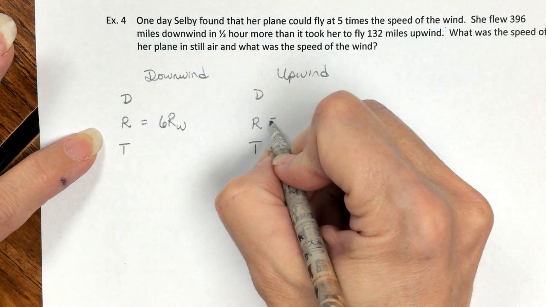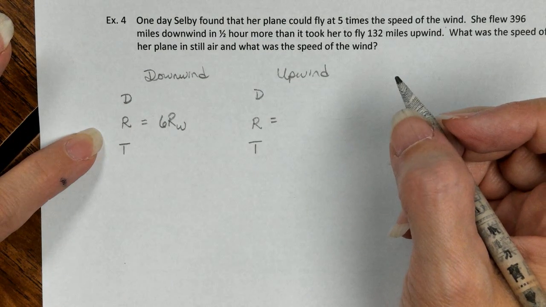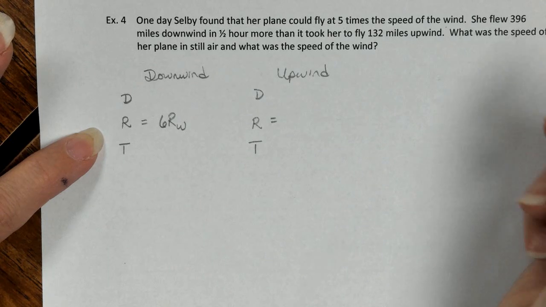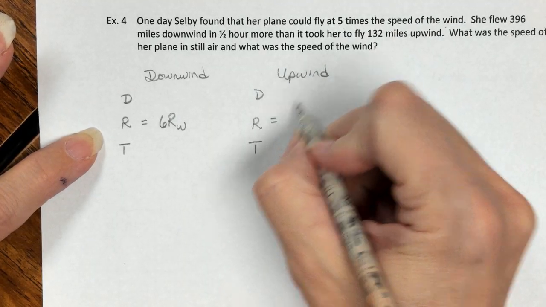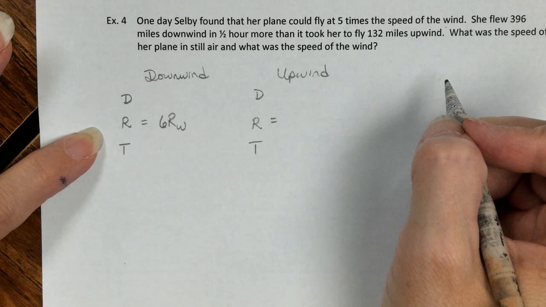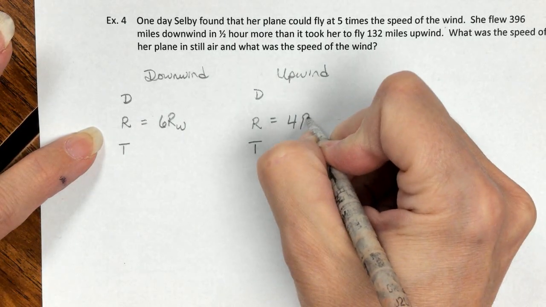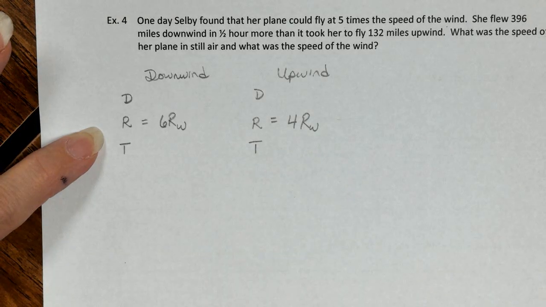And upwind will be that still air rate minus the speed of the wind. So that'll be 5 RW minus RW, so 4 times the rate of the wind.